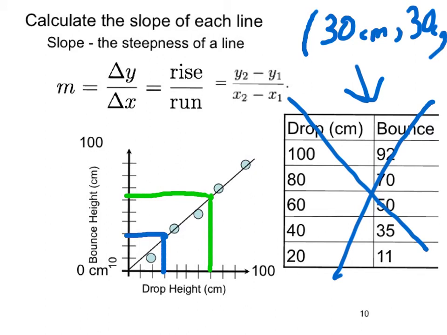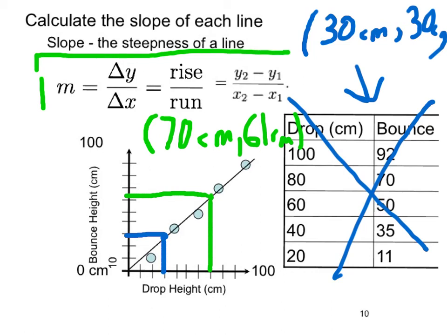Alright, next up, my green data point on the line has coordinates 70 centimeters in the x and looks like 61 in the y. Okay, so you might want to note those numbers. I'm going to switch to a blank slide so I can do the slope calculations. Also, go ahead and copy down this formula here. I'm going to reference it once I switch. So if you need to pause to copy some things down, please do that now.